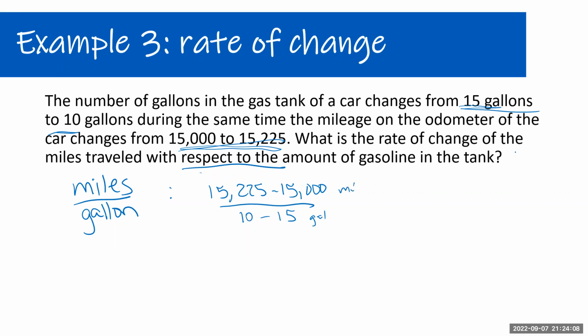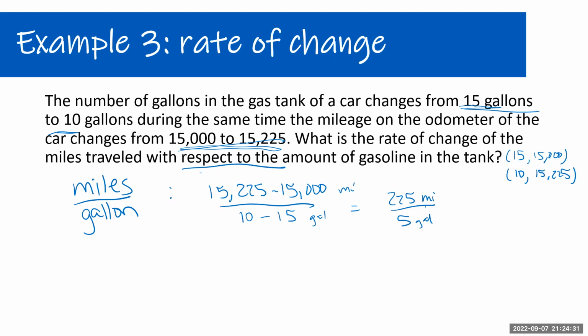Sometimes, again, it's good to write the point. So you had 15 gallons at 15,000, and you only had 10 gallons at 15,225. So this is going to be 225 miles per 5 gallons.